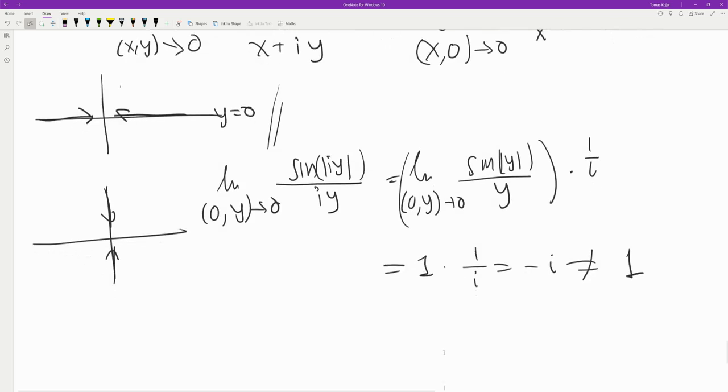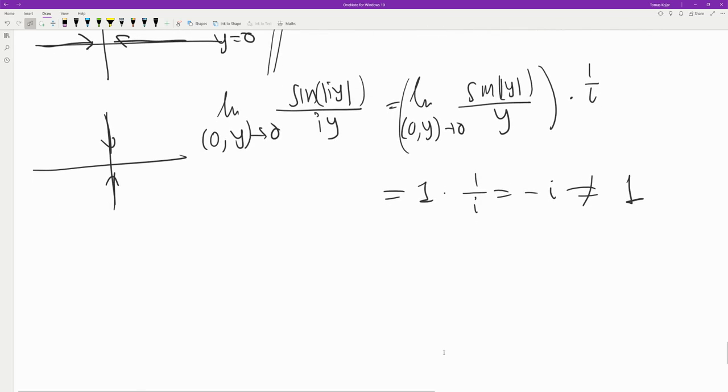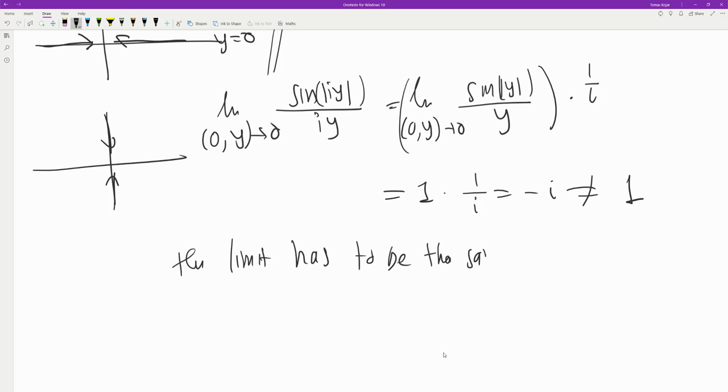Okay, so the limit doesn't exist because it has to be the same for all directions. The limit has to be the same from all directions, and so it doesn't exist.